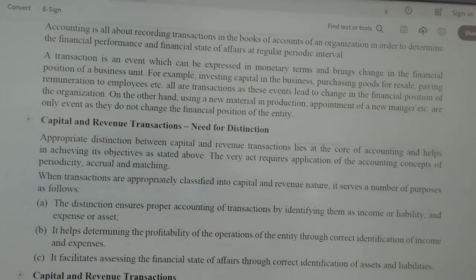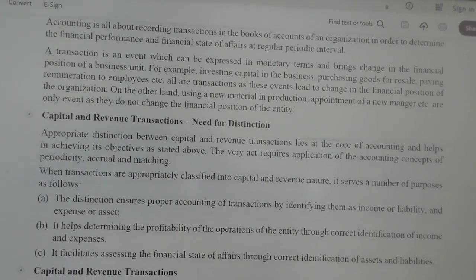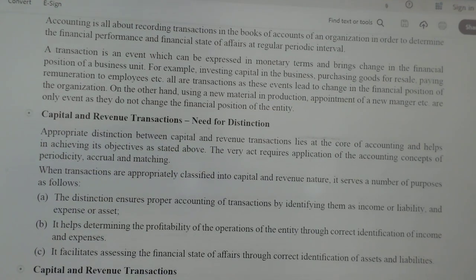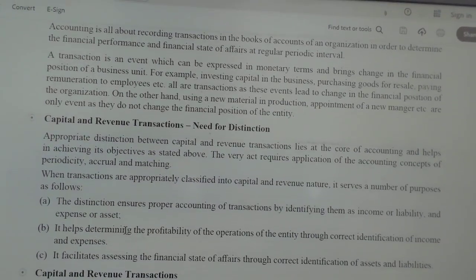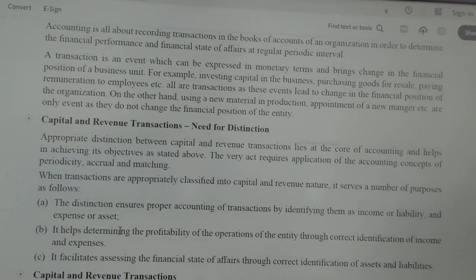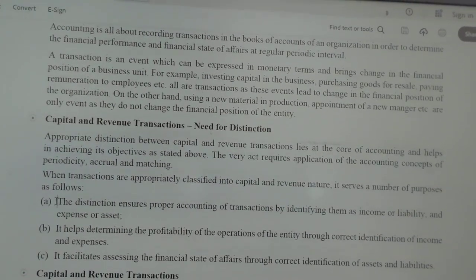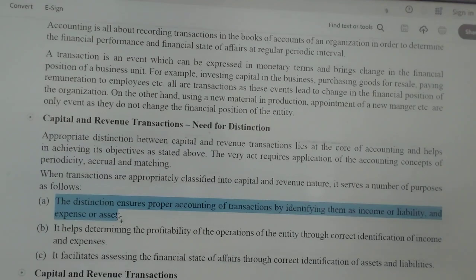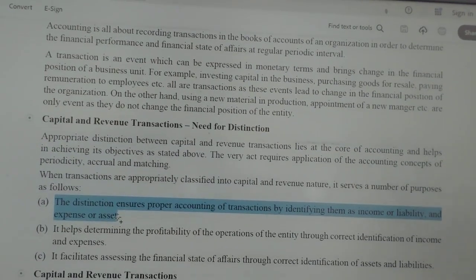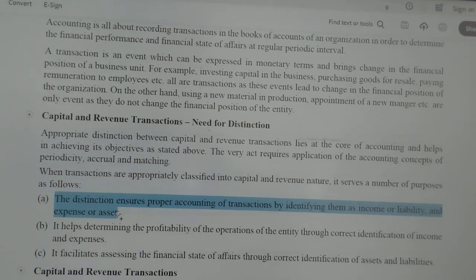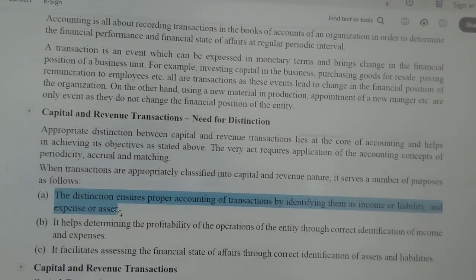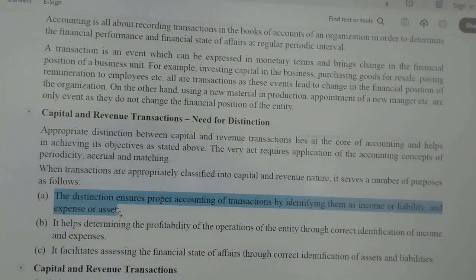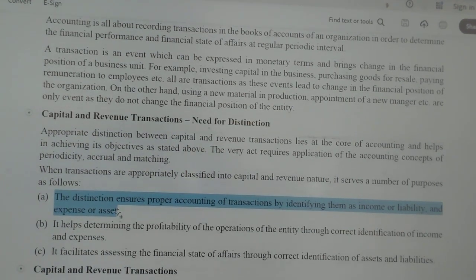The first reason for studying this concept is the distinction: it ensures proper accounting of transactions by identifying them as income, liability, expense, or asset. We study it to find the proper distinction of transactions, whether income, liability, expense, or asset.